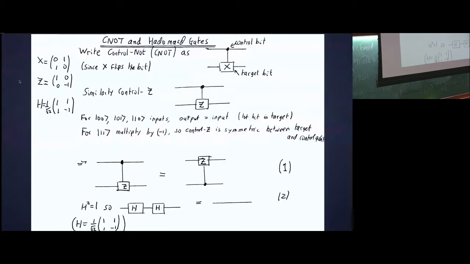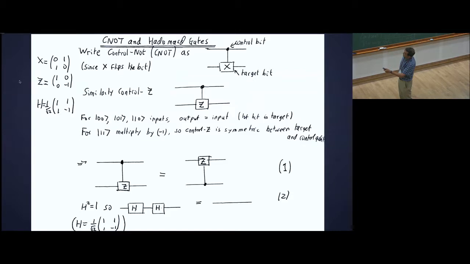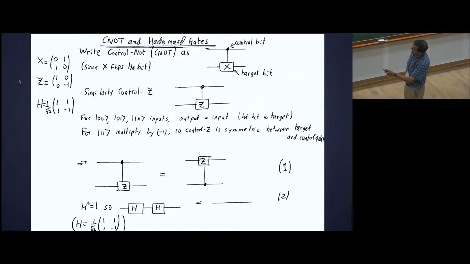So we remember that the X operator, that's like sigma X, it flips the bit, and Z changes the phase of the 1 basis state. This is like sigma Z. And we're considering then a control NOT.